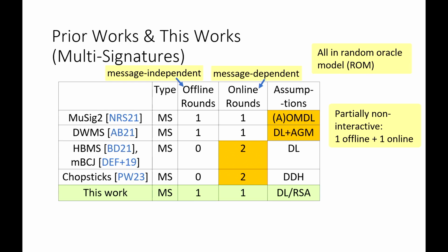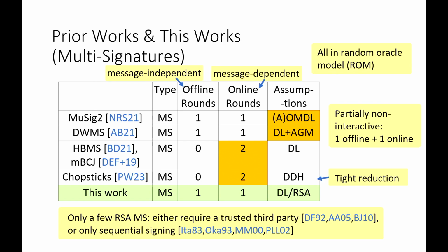The prior works that require weaker assumptions need at least two online rounds, which also includes the chopstick scheme presented in the prior talk. But it should be noted that the advantage of chopstick is that it has a tight security reduction.